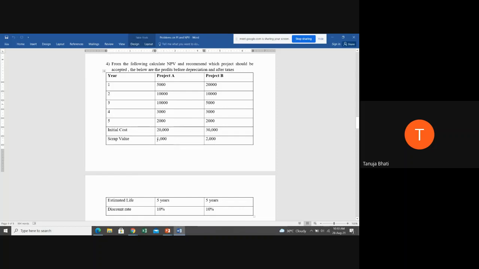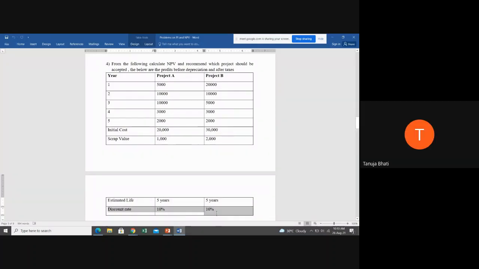Can anyone tell me, this 1,000 and 2,000 rupees scrap value, when you're receiving it, is it your inflow or outflow at the end of the 5th year? Students, are you all there? Inflow, ma'am. Very good.